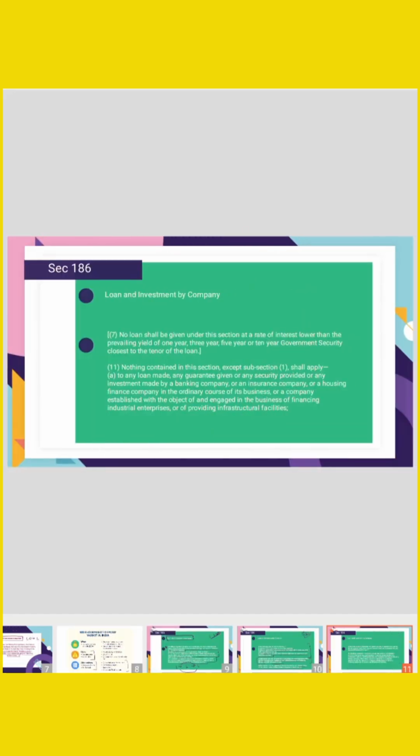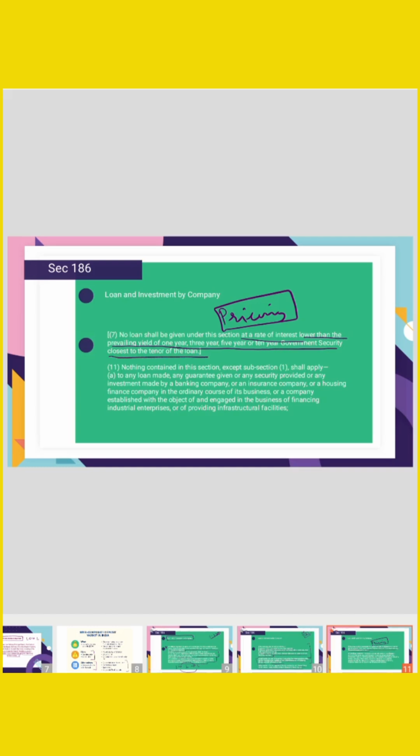No loan can be given under this section at a rate of interest. Now I told you about the pricing aspects, so here comes subsection 7, which talks about a rate of interest lower than the prevailing yield of the 1 year, 3 year, 5 year or 10 year GSEC closest to the tenure of the loan.